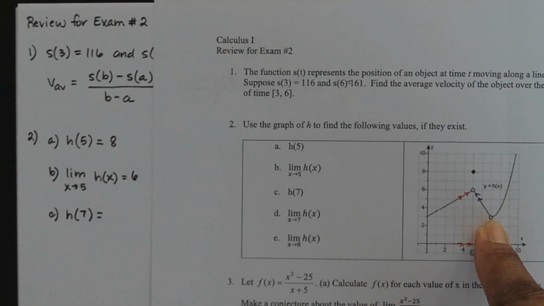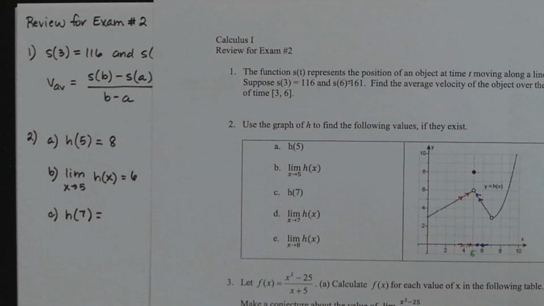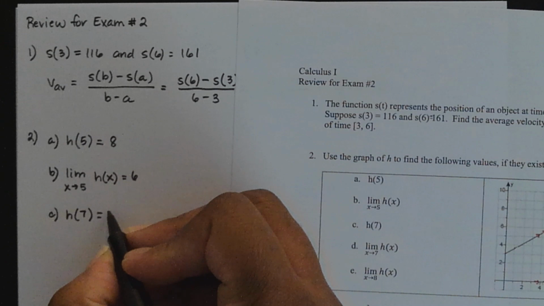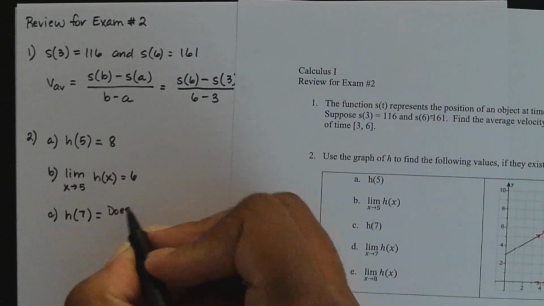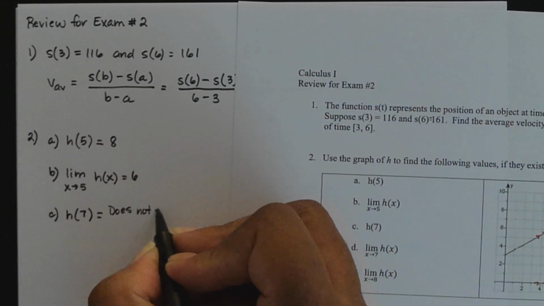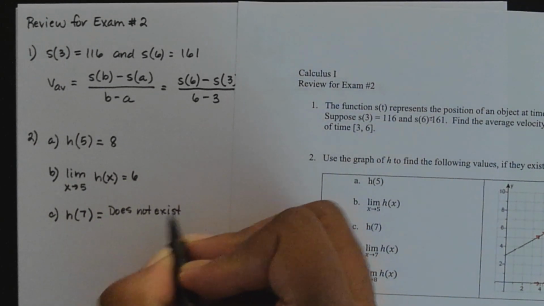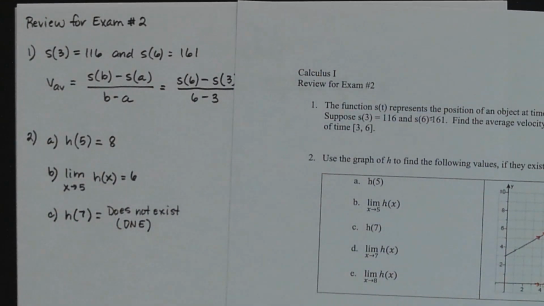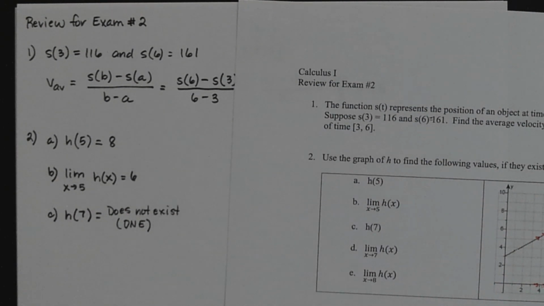So that means that h of 7, the value of that function when x is equal to 7, does not exist. Now, if you want to, you can write the letters D, N, E, for does not exist. So the value of that function when x is equal to 7 does not exist. Okay.